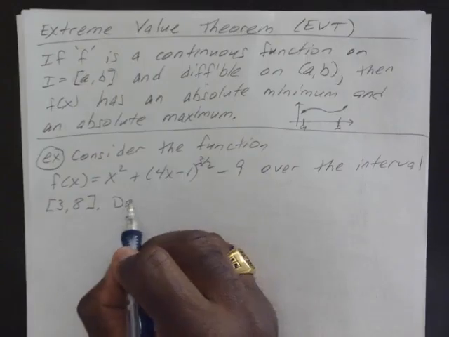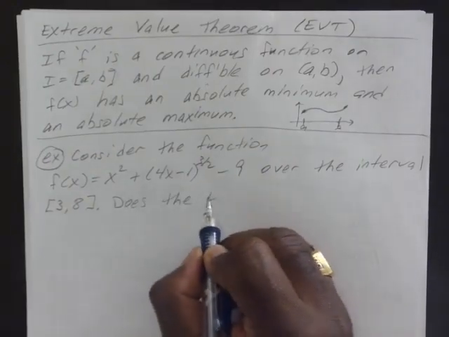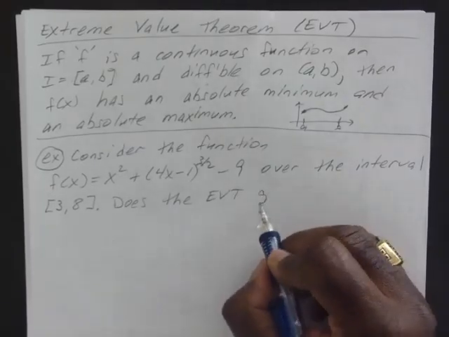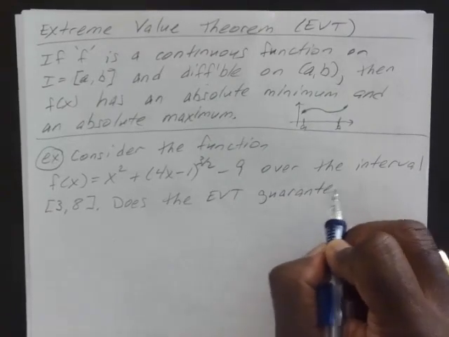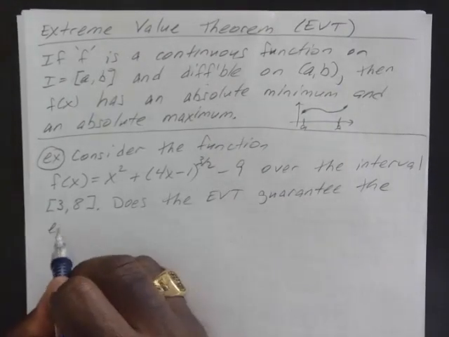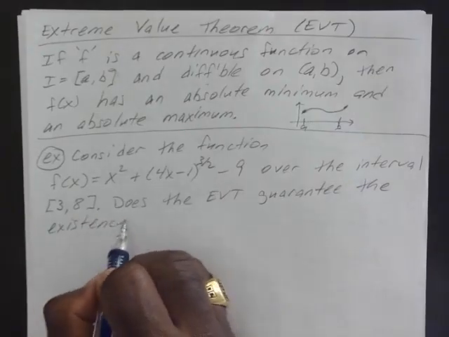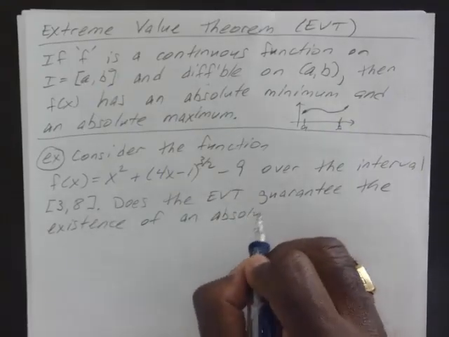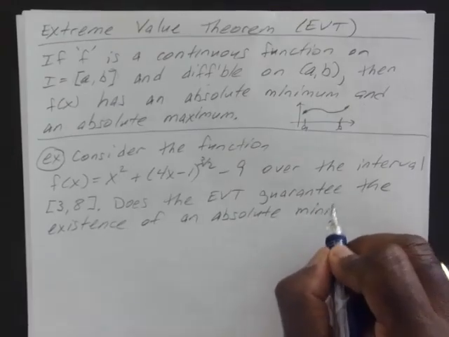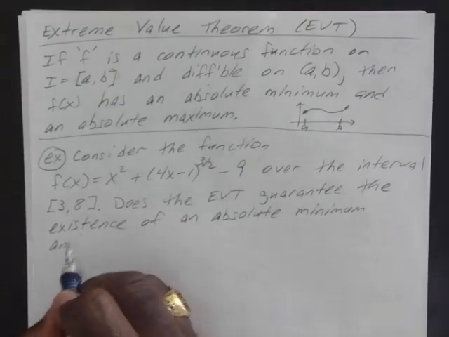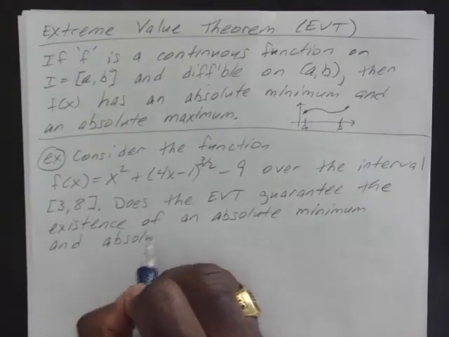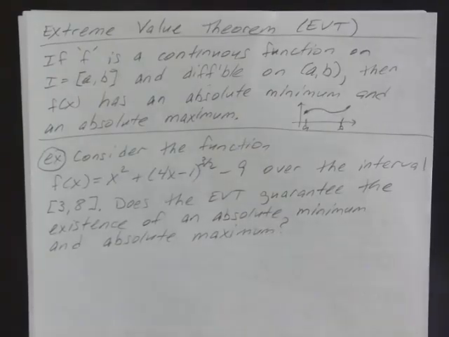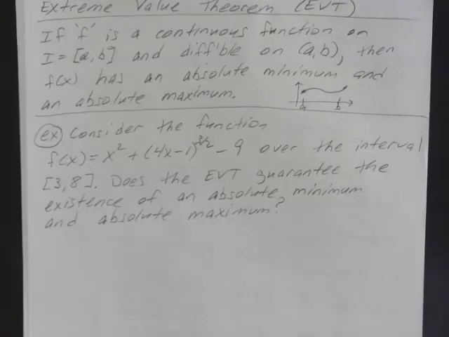You want to know, does the extreme value theorem guarantee the existence of an absolute minimum and absolute maximum?